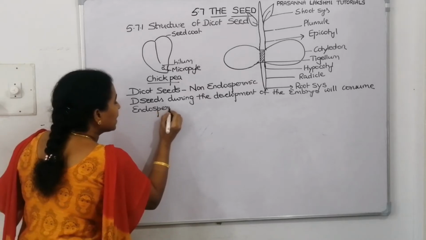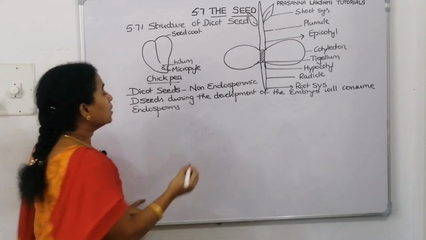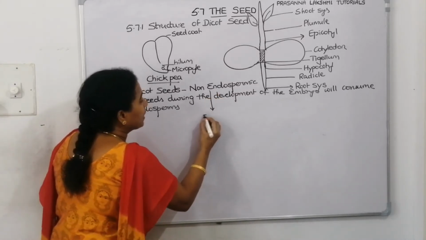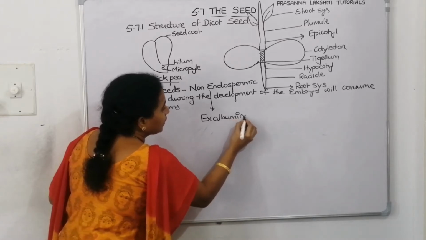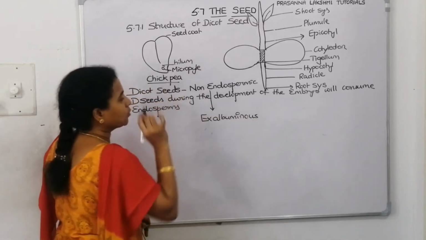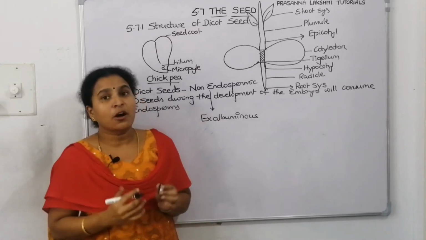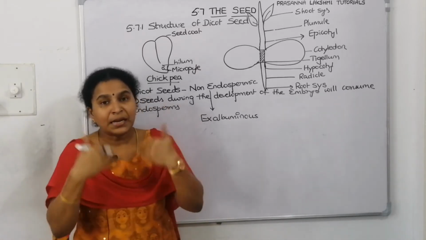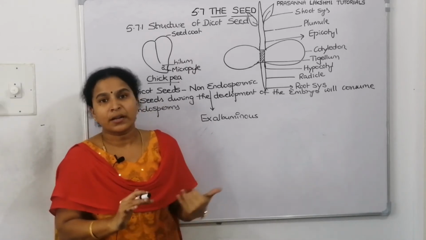Since they are completely consuming the endosperm, dicot seeds are non-endospermic. There's another name for non-endospermic: they're called exalbuminous seeds. Why is the endosperm not there? Because the embryo has completely consumed all the endosperm, so that is why they are called non-endospermic or exalbuminous.